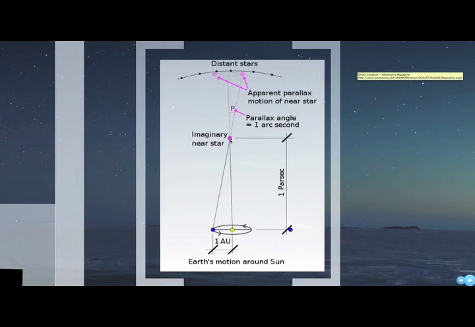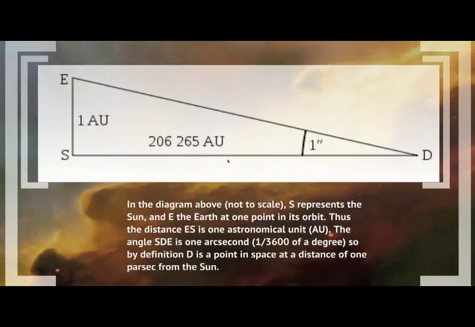Now, you might think to yourself, well, that's great, but what happens if the star is really far away? Then obviously the angle gets to a point where you can't measure it anymore, and you can't really determine parsecs that way.